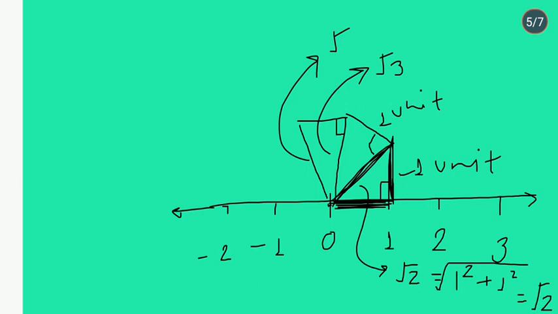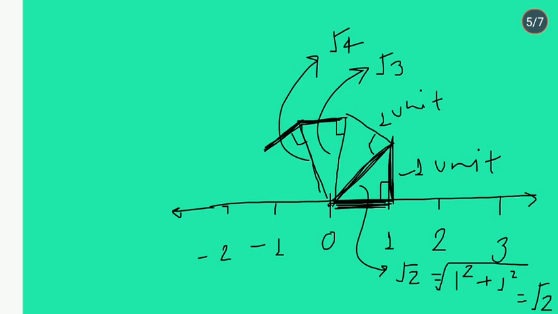Now we will again draw a 90 degree on this line. Every perpendicular is of 1 unit.